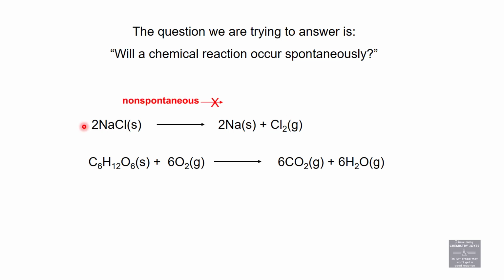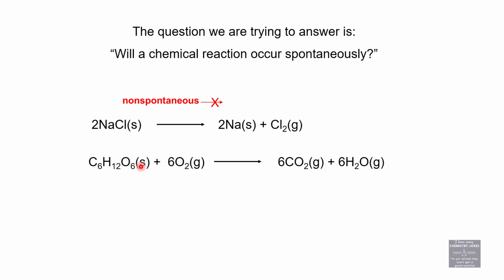No, we're going to say that reaction is non-spontaneous. It does not naturally happen that solid sodium chloride, table salt, could spontaneously at any point become sodium metal and chlorine gas.